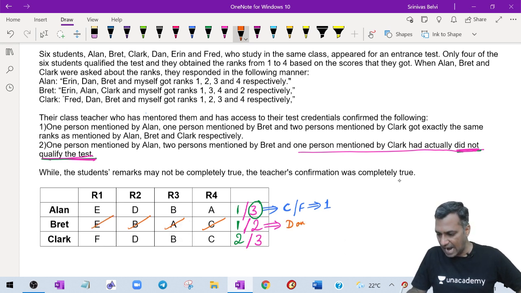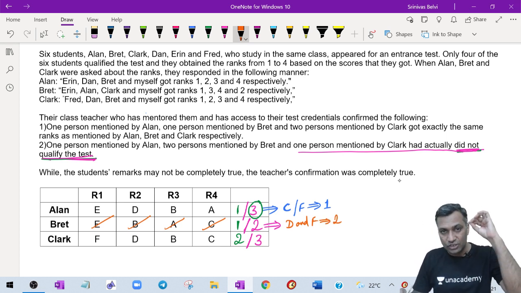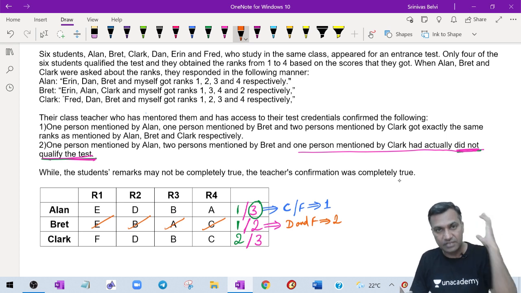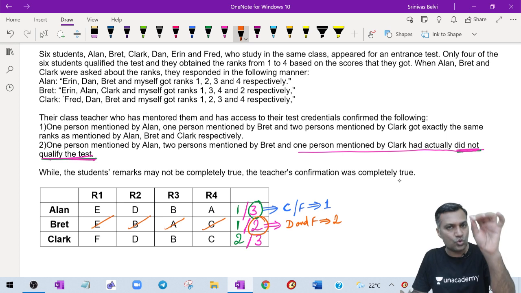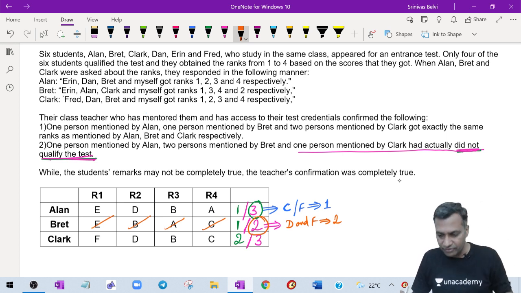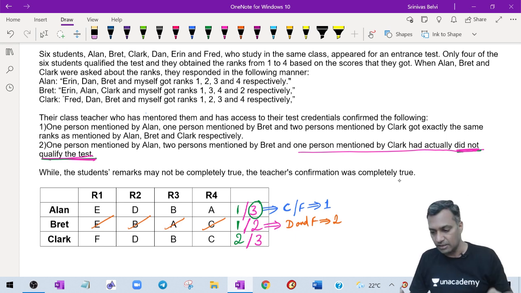Therefore, D and F are the two people who are in the actual rank list, but they do not feature in Brett's rank list. Because in Brett's rank list, only two of the actual students feature. So the remaining two are there in the actual rank list, but not in Brett's rank list.